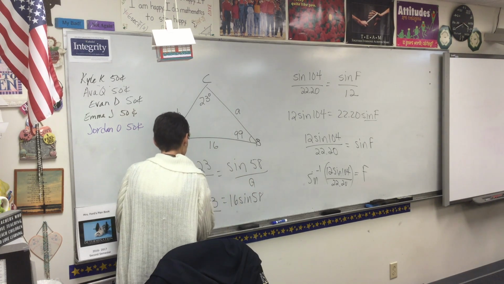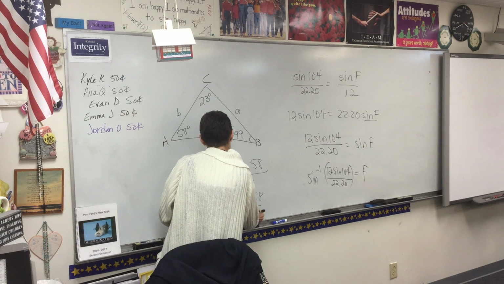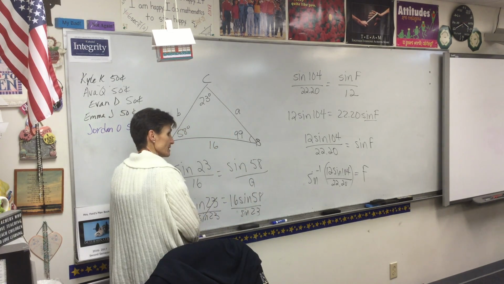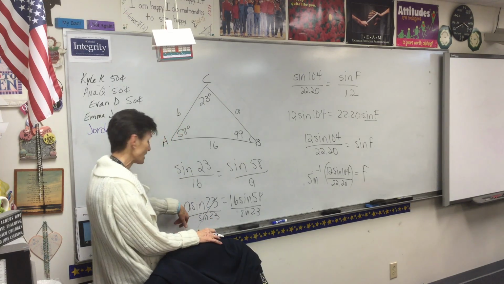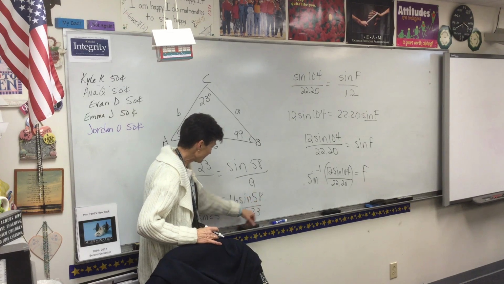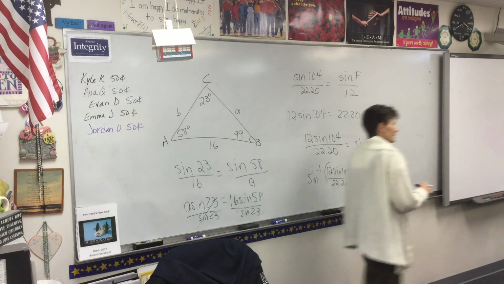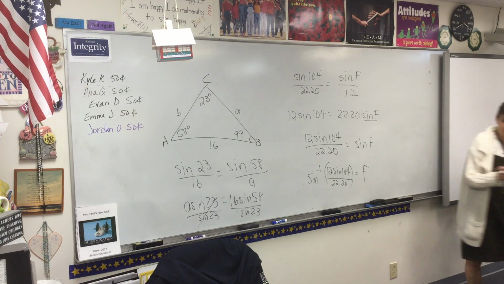And I'll divide by sine 23. Now, am I gonna have to second sine this one? No, it's A, right? I'm just gonna do 16 sine 58 over sine 23, and that will be the answer for that part.